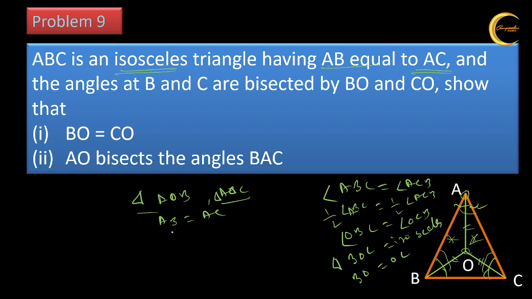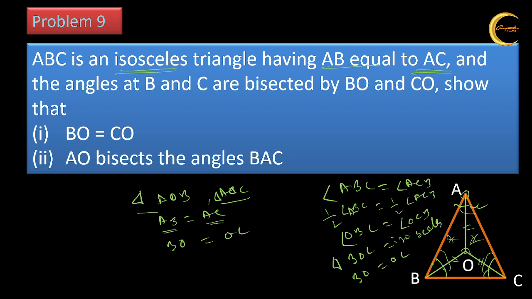AB equals AC. Already said this is an isosceles triangle, and already we have proved that BO equals OC.